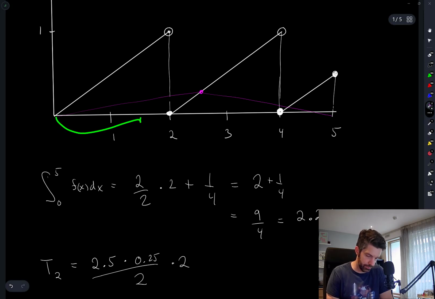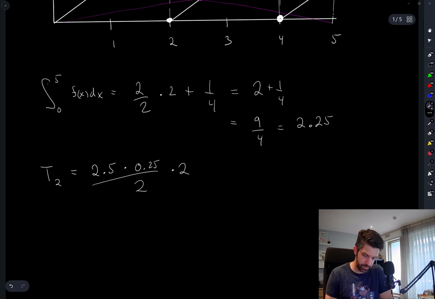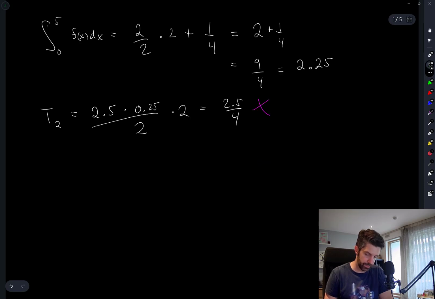This length is 2.5. The height of each of these triangles is 1 over 4, divided by 2, but then multiplied by 2. So this is 2.5 over 4, whatever that happens to be. It's clearly a lot less than that. So this is not an overestimate.